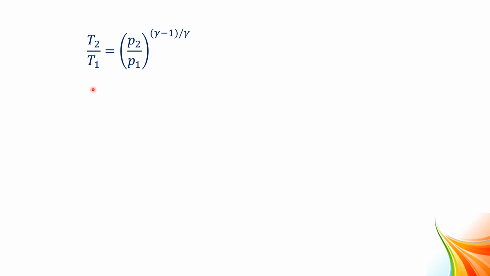Now between state 1 and 2, T2 by T1 equals (P2 by P1) the whole power (gamma minus 1) by gamma. So P1 is 15 bar, T1 equals 973 Kelvin, and P2 equals 5 bar.